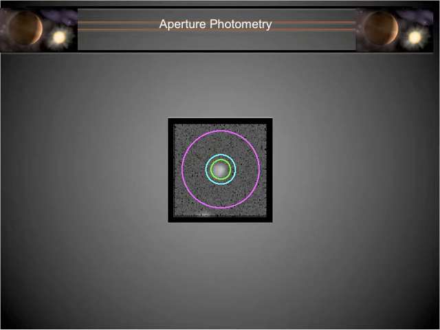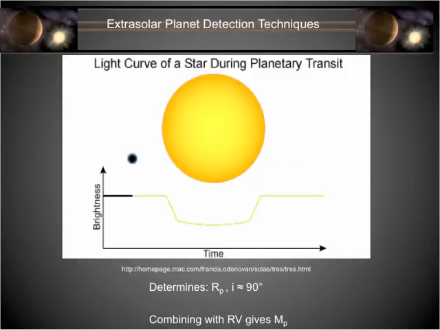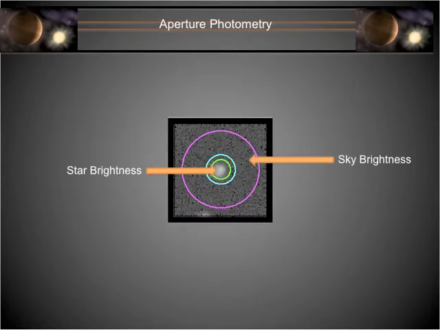From that comparison of the background noise to the actual star's light, you can get a pretty good measure of the star's brightness. So this is the star brightness, this is the sky background brightness, and from those two things we figure out what the brightness of the star is.